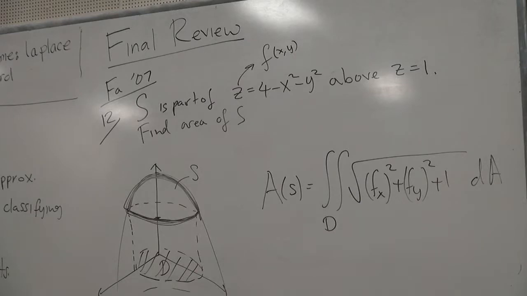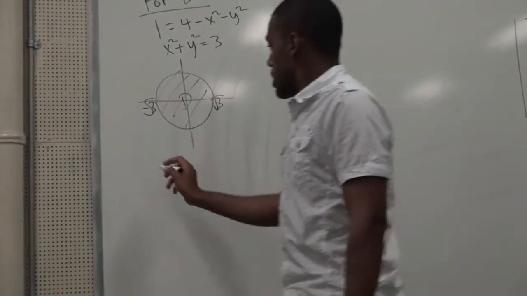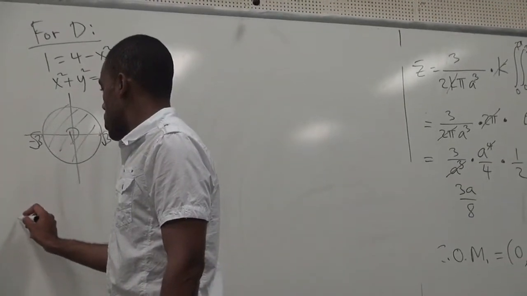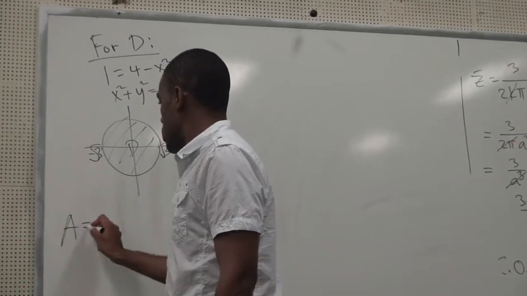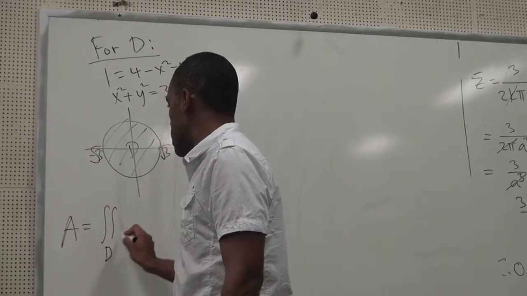So we just get x squared plus y squared equals 3. So here you just have a circle, radius square root of 3. And that's your D.